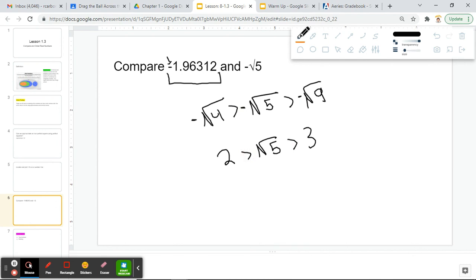So since the square root of 5 is greater than 2, as is 1.96312, we know that negative 1.96312 is going to be greater than negative the square root of 5.